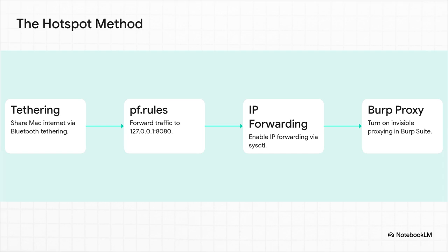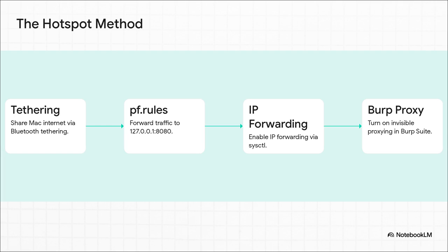Then you create a custom packet filter rule, a pf.rules file, that forcibly forwards all TCP traffic coming from that network bridge straight into 127.0.0.1 on port 8080. You enable IP forwarding, make sure Burp is set to invisible proxying, and suddenly that rogue traffic has absolutely no choice but to flow right into your intercept window.